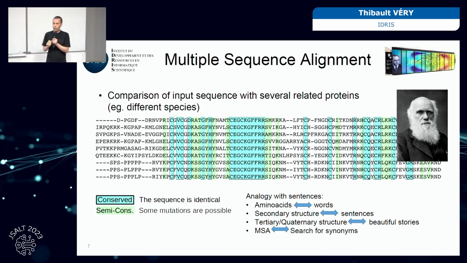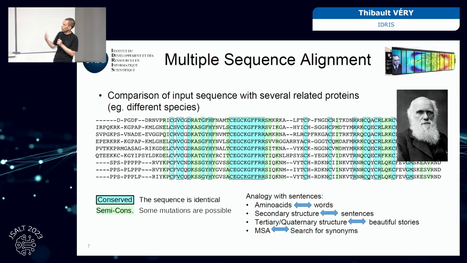And what we do is called alignment. So we take several proteins, so sequences, and we try to find parts of the sequences that match. And here you see that for some parts of the proteins, you have no mutations. You cannot have mutations, and we suppose that if we don't have mutation in this part of the protein, it means that this part is really important for the function.